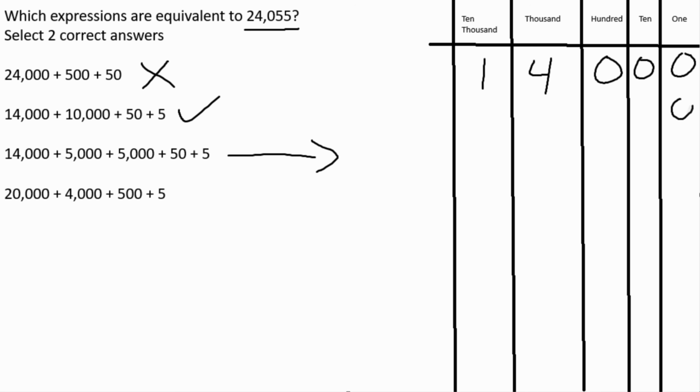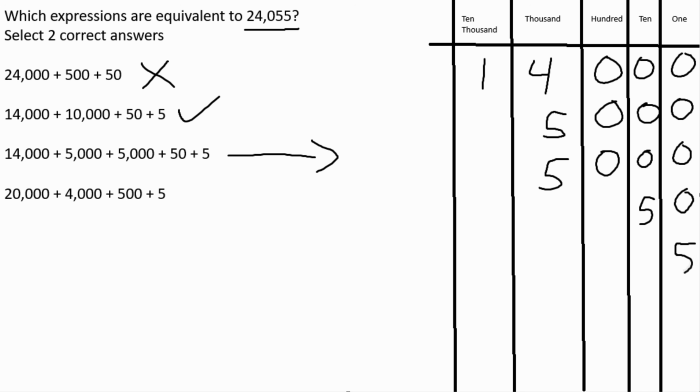14,000. And we have 5,000. All right. We have another 5,000. I'm gonna write that right underneath. And we have a 50. Then we have the number 5. So there's a lot of numbers, but we're gonna add them all together.